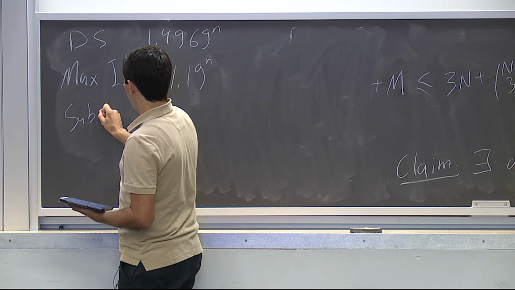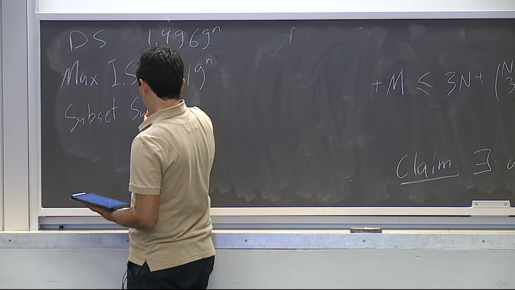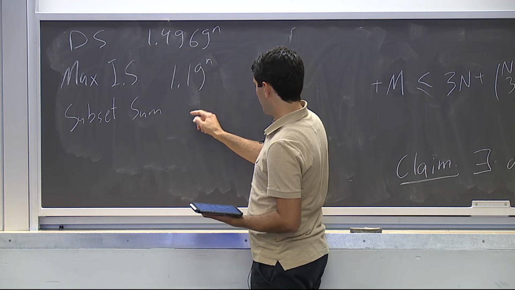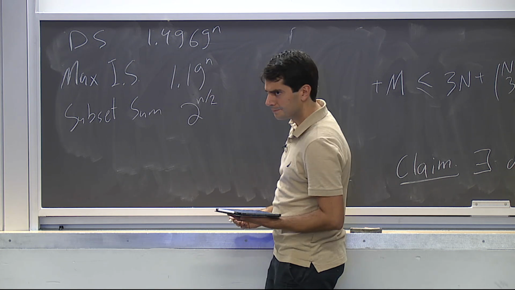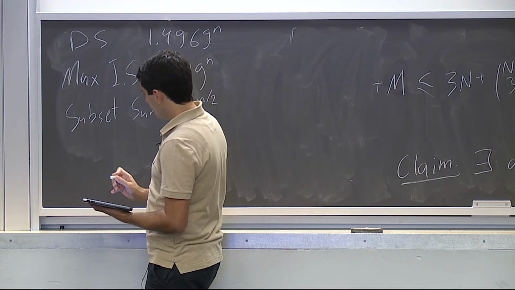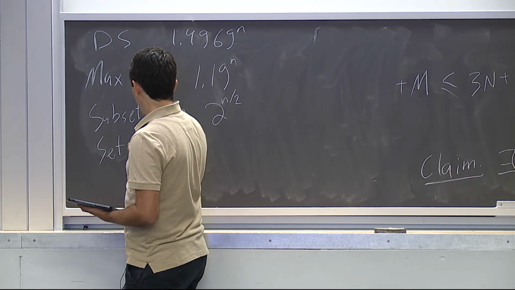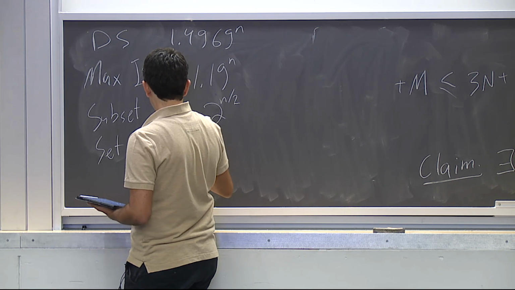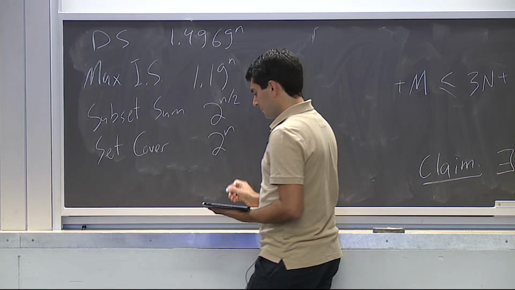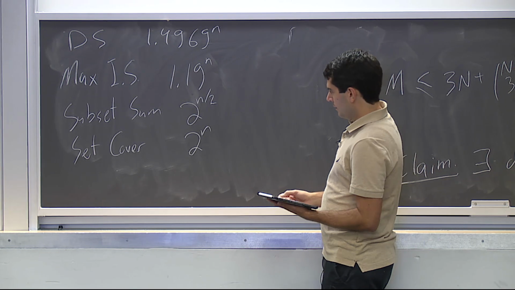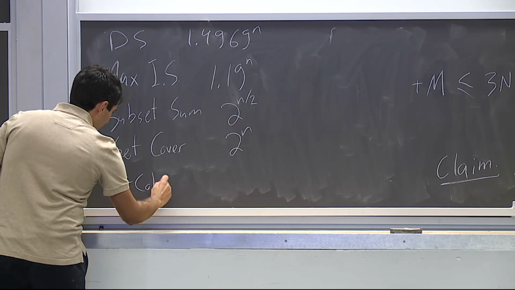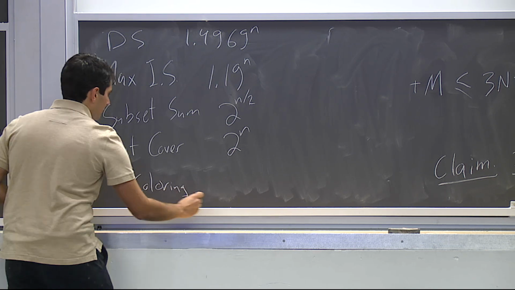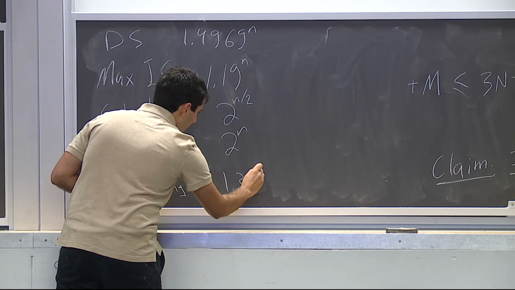For subset sum, it's actually a clean thing. It's 2 to the n over 2, sorry. For set cover, it's just 2 to the n. For 3 coloring, it's 1.33 to the n.